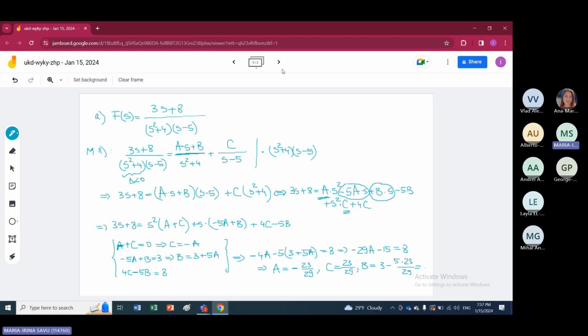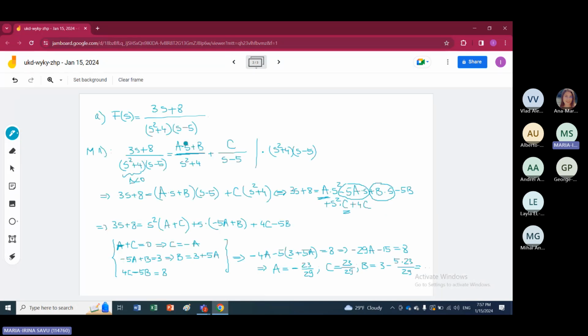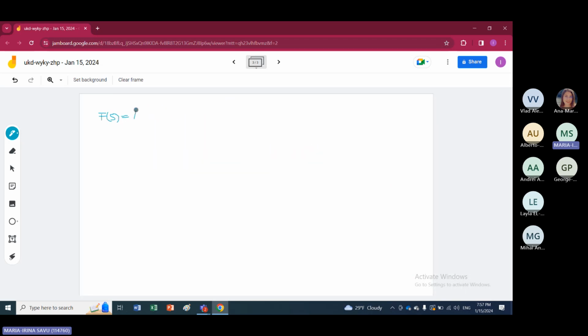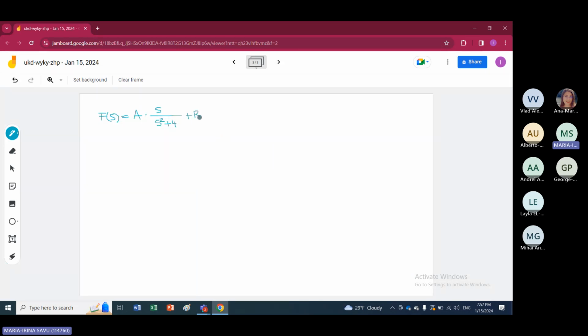but I think that we'll work with a, b, and c in this way, and then in the end, in the final expression of the function, you will replace them by fractions, because it's easier in this way. So let's write f of s. We know that this fraction is f of s, and because they have such ugly expressions, I'm going to write it in this way: a times s over s squared plus 4, plus b times 1 over s squared plus 4.